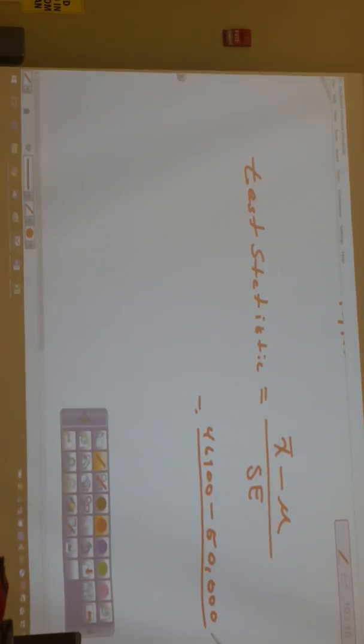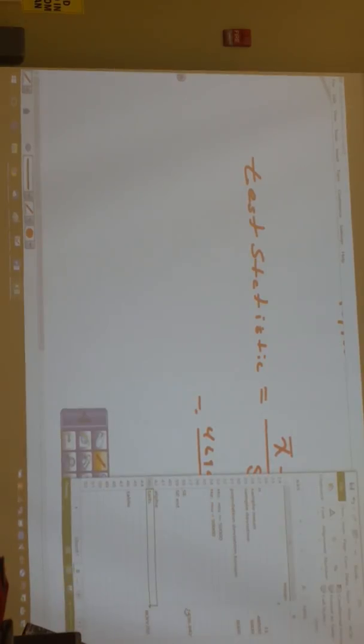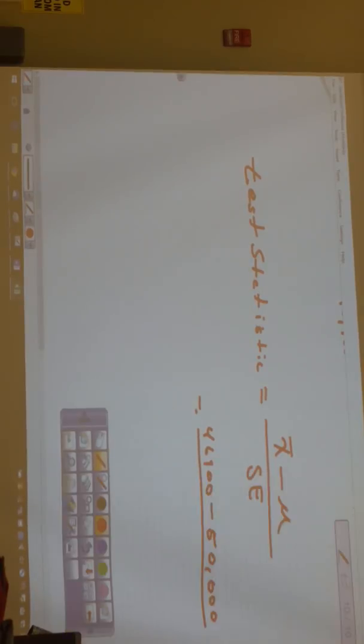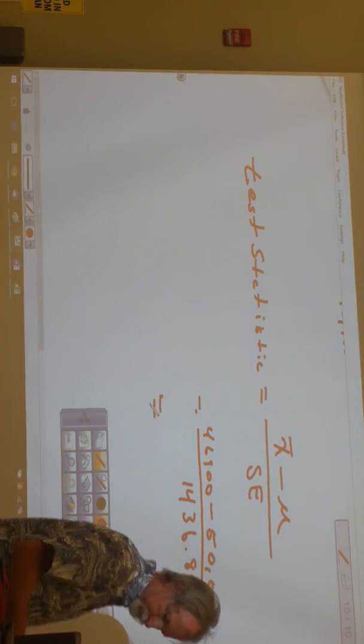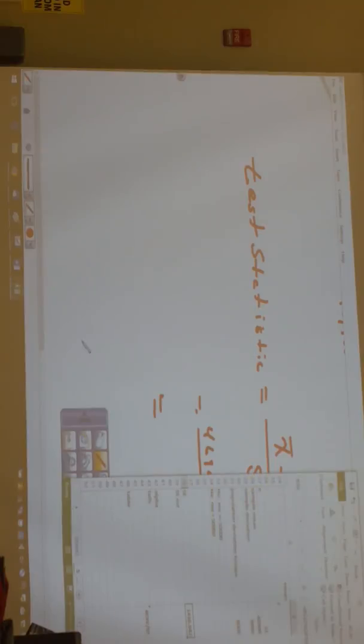And the standard error, well, I have to go back because I had to calculate that. The standard error was what? 1436.842. So when I calculate this, I'm going to go back to my Excel spreadsheet.